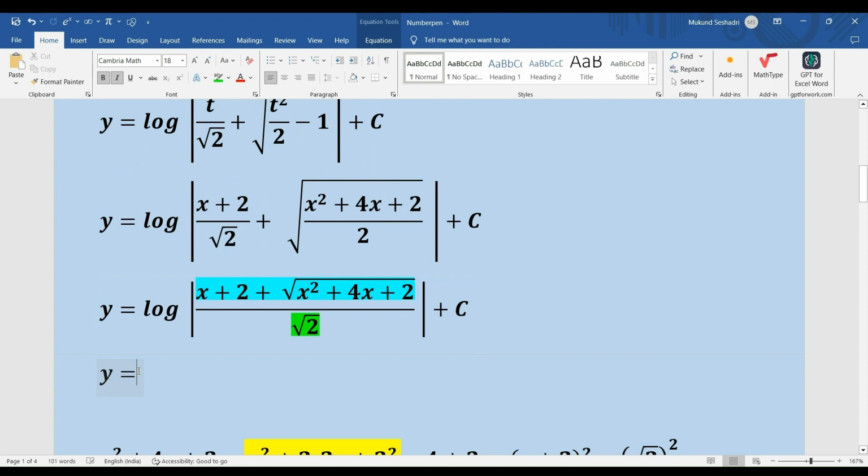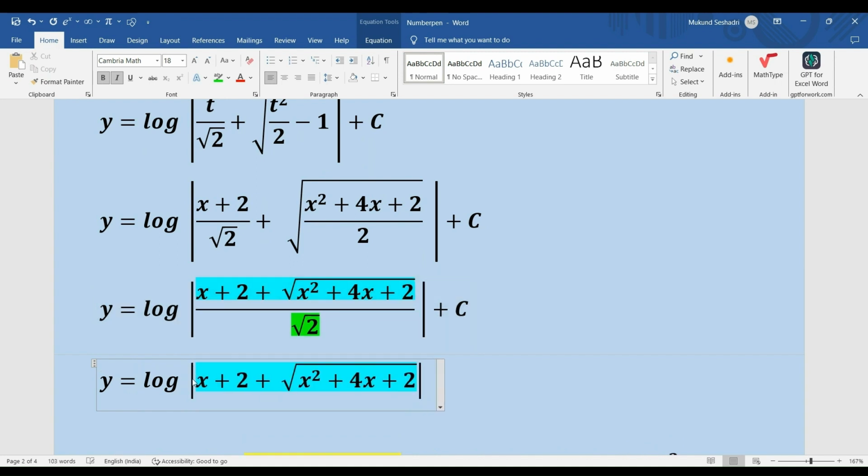So when I use the log a by b formula, all that I will get is log of mod of this, right? And then I will have a minus log of root 2 plus c, right? Now I can combine the log root 2 because that's also a constant, along with the c.